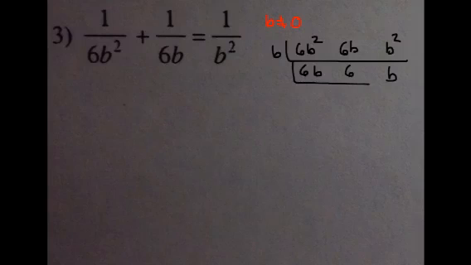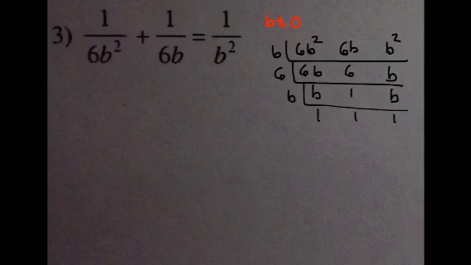A common factor with 2 of the terms is 6. So in the first one I factor out a 6, I'm left with b. In the second one I'm factoring out a 6, I'm left with 1. And then the b just comes down. And then a common factor with 2 of the terms is b. I'm going to take out a b. So that leaves me with 1, bring down the 1, and then b right here.